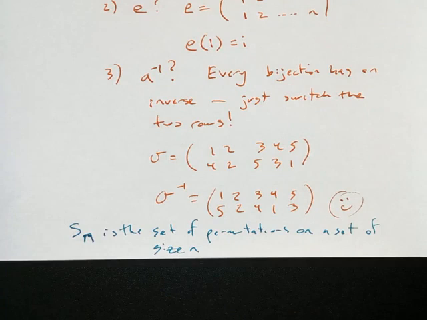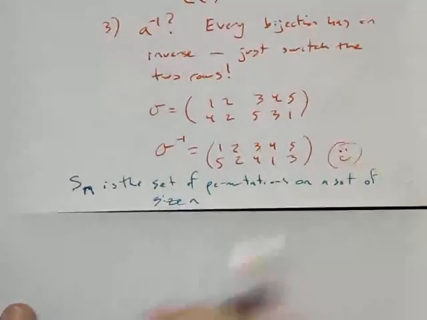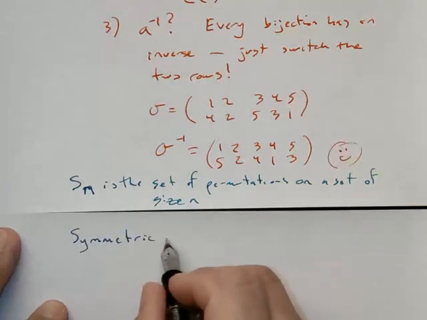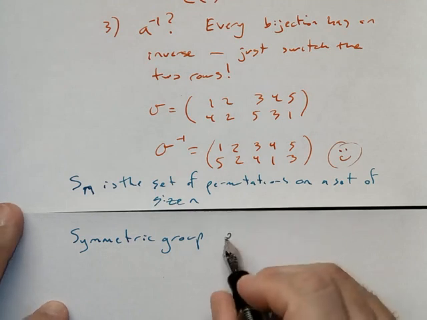And for reasons that will be discussed in a little while, we're going to call this the symmetric group on n letters, symbols, on n objects.